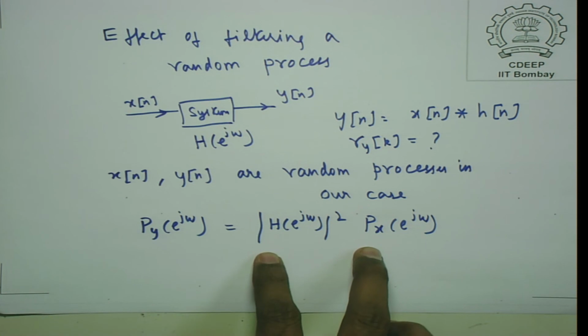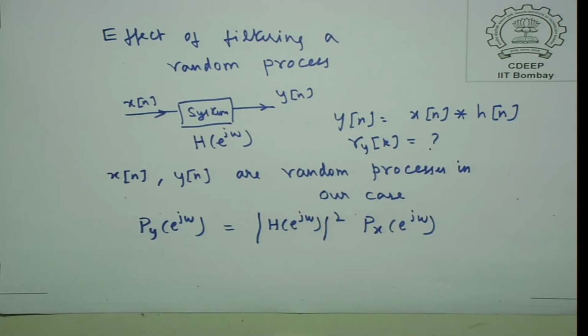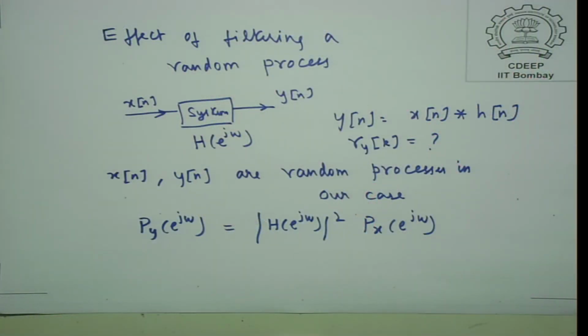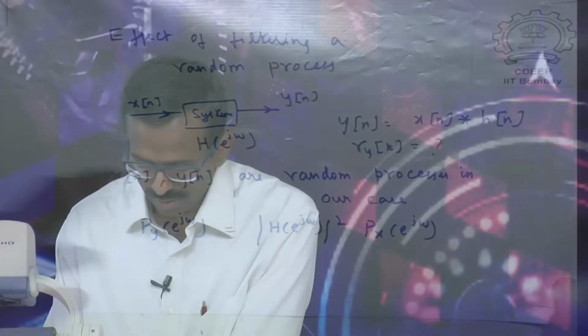Just as one example, to bring out the difference between the ensemble average, why it is important, versus the time average, why it could be different. I'll give one example and then maybe stop with that.